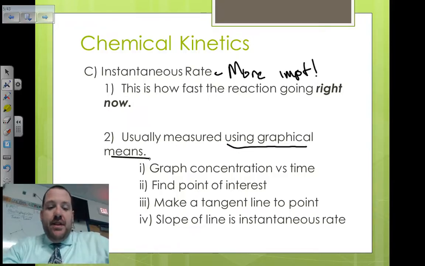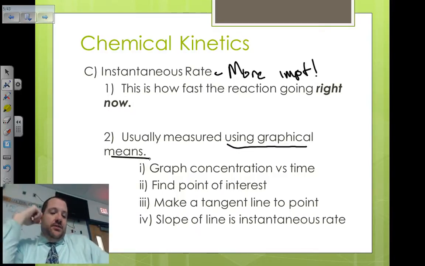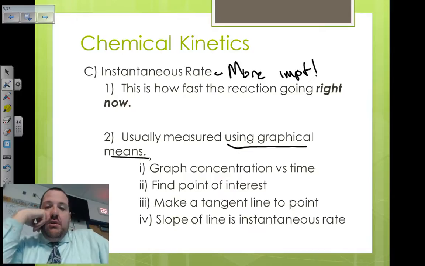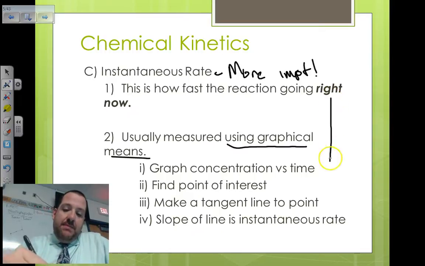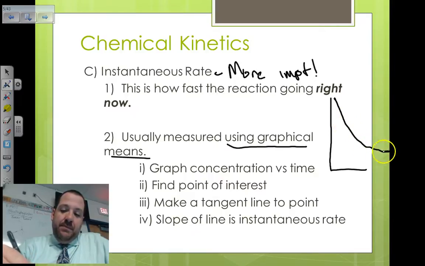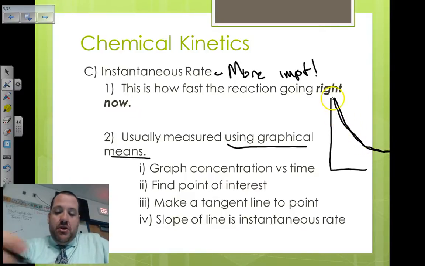Now, if anybody's taken calculus or knows anything about calculus, what we're trying to do is find the slope of a curved line, because as the concentration of the reactants changes over time, it's not a linear relationship, it's a relationship that's curved.